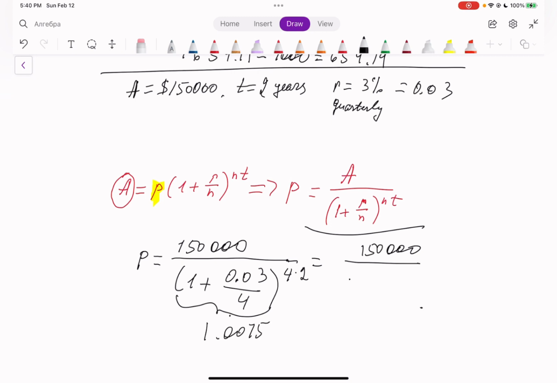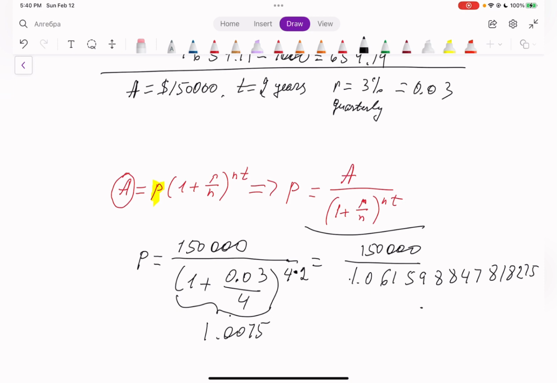Now I'm raising to power 4 times 2, which is 8, and I am getting 1.0615884781827.